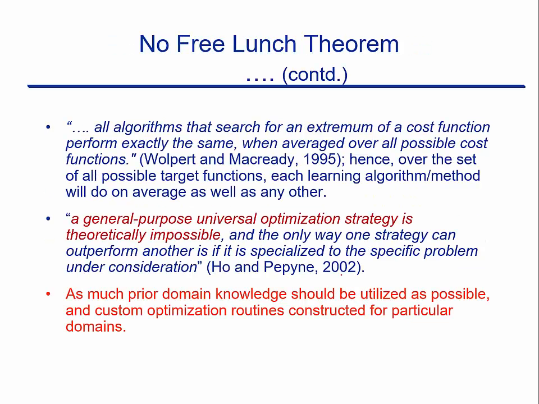Now, a few more comments about the no free lunch theorem. It says a general purpose universal optimization strategy is theoretically impossible. So, in practice, we should utilize prior domain knowledge as much as possible and customize the optimization pipeline or routines for the specific application domain.